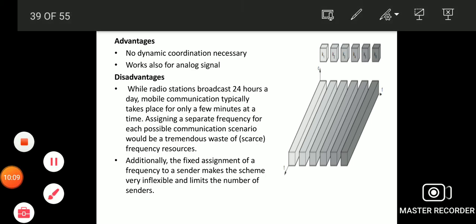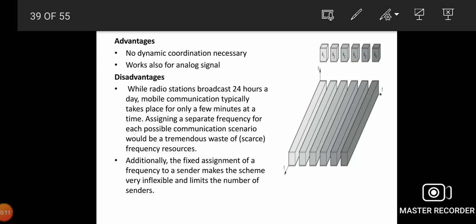Now, what are the advantages and disadvantages of this FDMA technology? The advantages: no dynamic coordination is necessary, and it works for analog signals. The disadvantages: while a radio station broadcasts 24 hours a day, a mobile communication typically takes place for only a few minutes at a time.